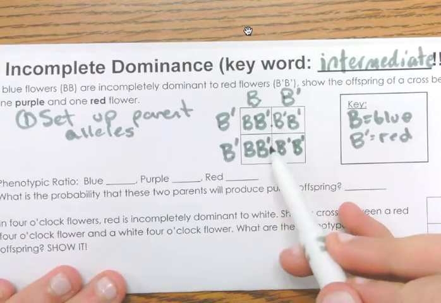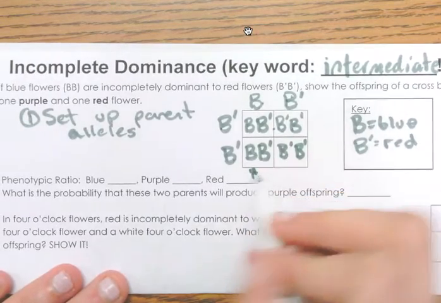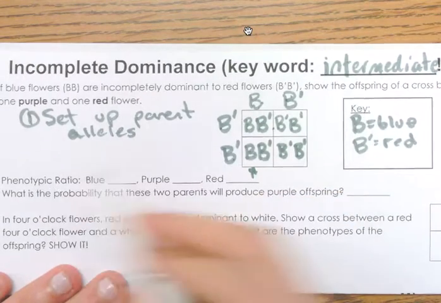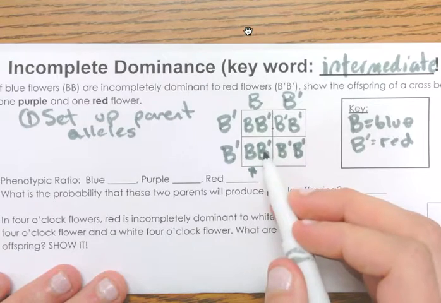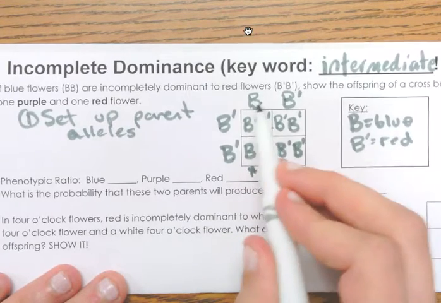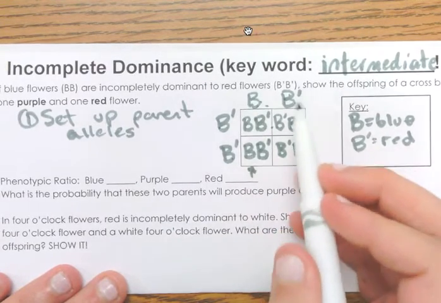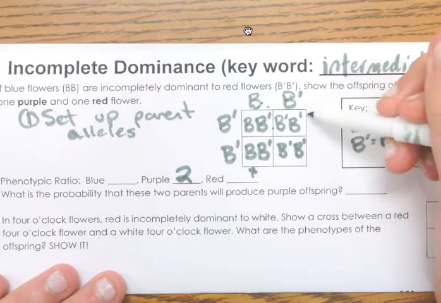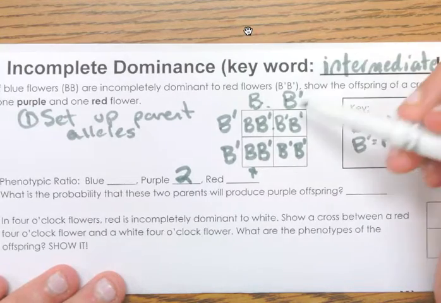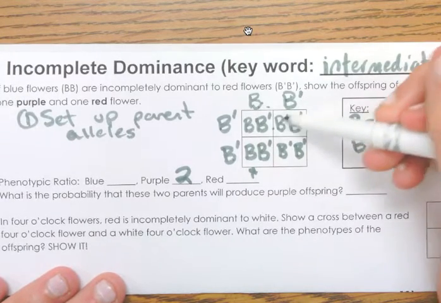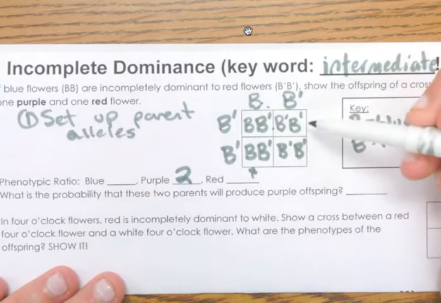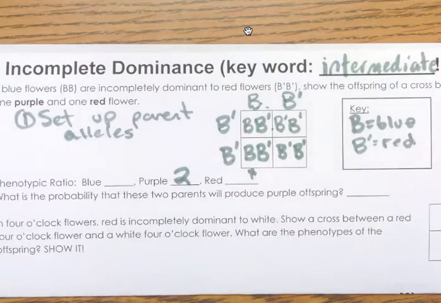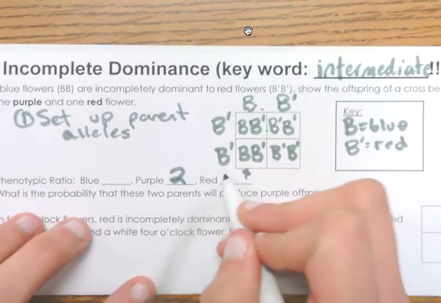In this column, here's my phenotypic ratio: I have two that are going to be purple, like this parent, that have one blue allele and one red allele. Going back to my key, B prime is red, all B prime alleles, which means this flower will express only the red phenotype. Same with this offspring, so I have 2 red.